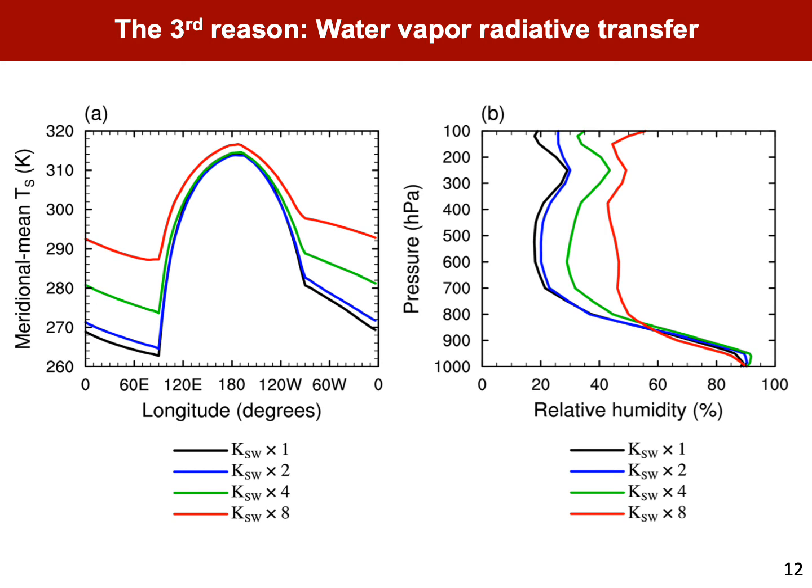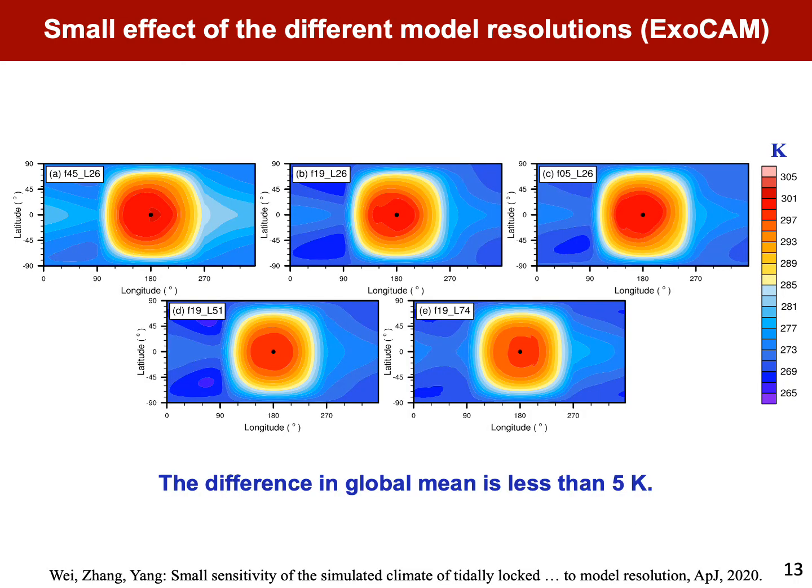We have also done simulations with fixed SST, but increasing the shortwave absorption coefficients, and we also found that the relative humidity increases. We also have done simulations with different model resolutions, using ExoCAM.